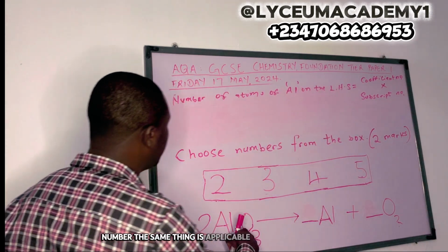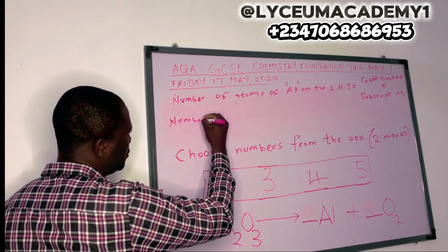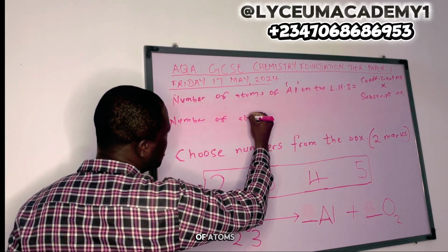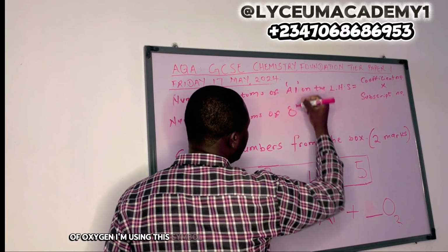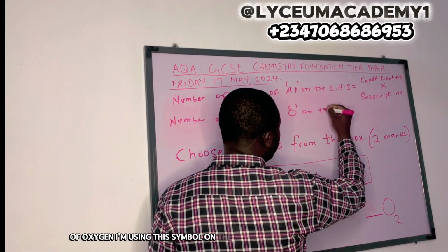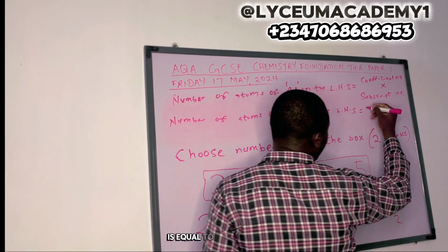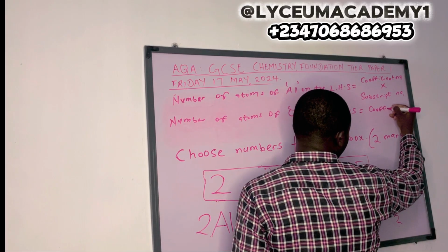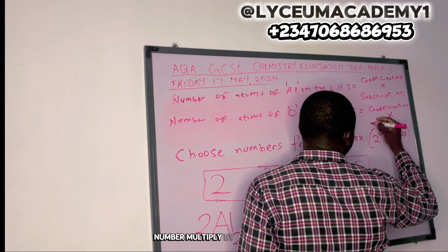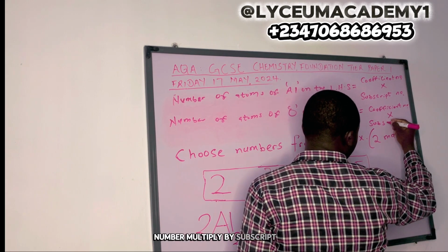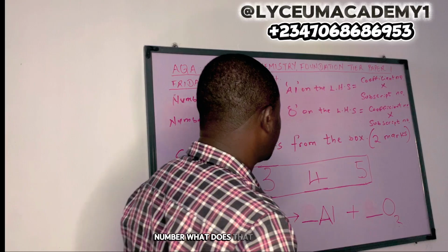The same thing is applicable to oxygen. Number of atoms of oxygen, I'm using the symbol O, on the left-hand side of the equation is equal to coefficient number multiplied by subscript number. What does that mean?